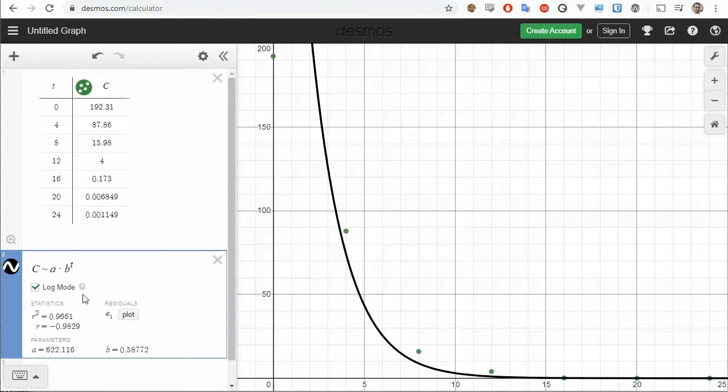And so in some ways this is actually a better regression than the standard Desmos one. But anyway, with log mode enabled, we can read off the R value, which is the correlation coefficient, and tells us how well the equation fits the data. And then we can read off the parameters. So A here is the initial value in my exponential, and B is the base of my exponential.